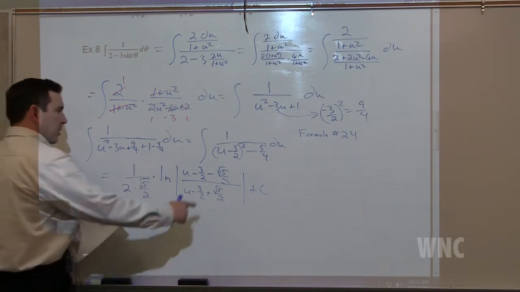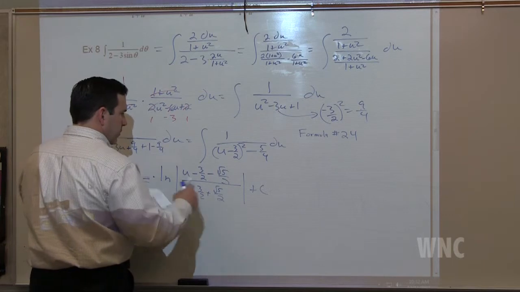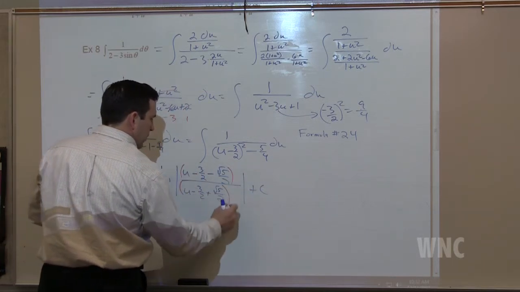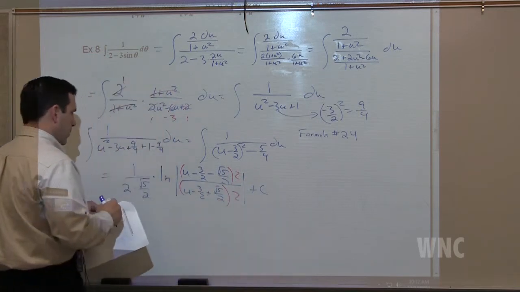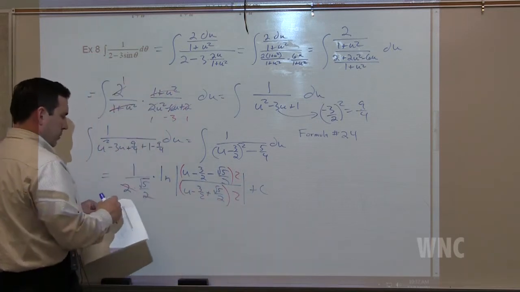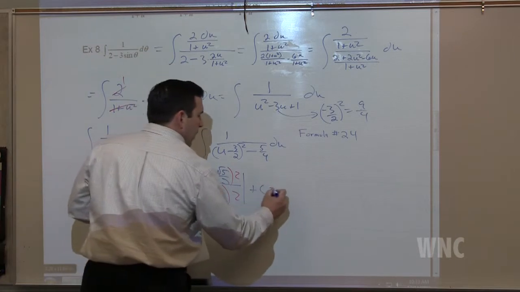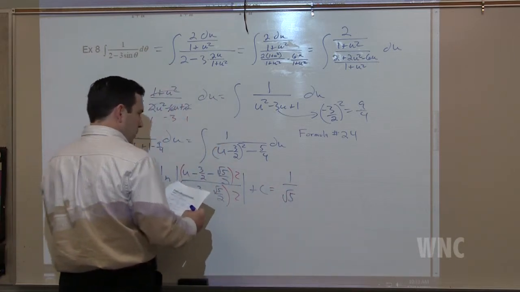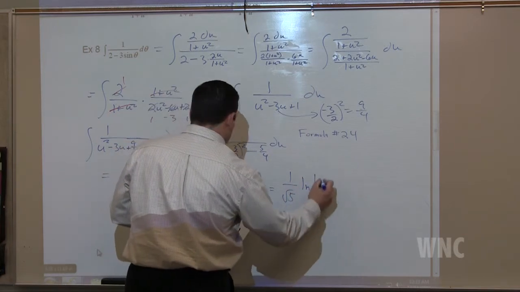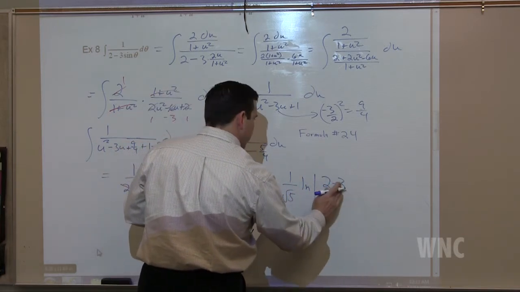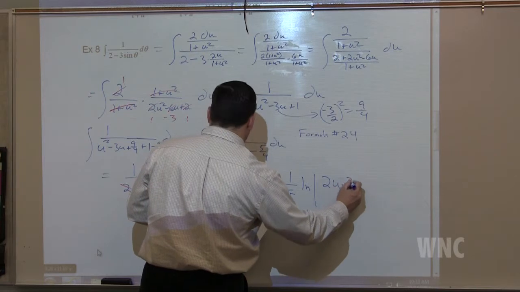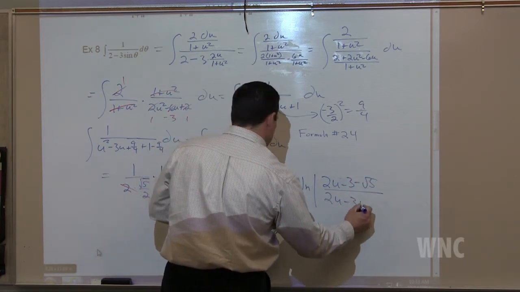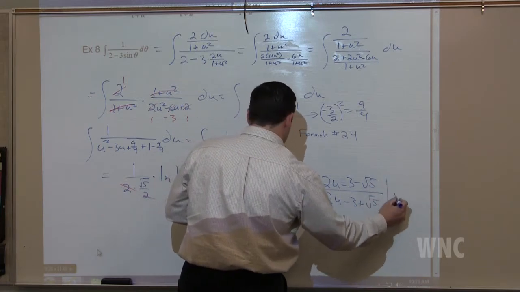Now if I multiply everything by 2 over top and bottom, this divides out. We have 1 over the square root of 5 times the natural log of the absolute value of 2u minus 3 minus the square root of 5 over 2u minus 3 plus the square root of 5 plus c.